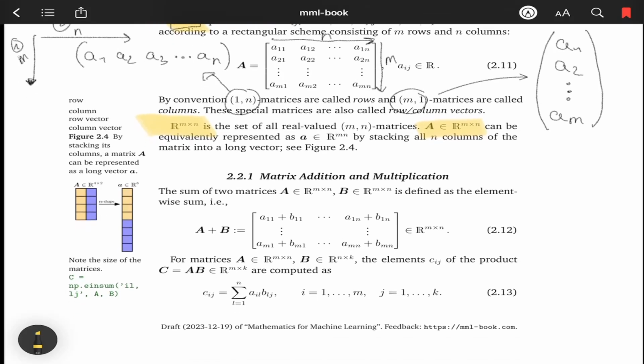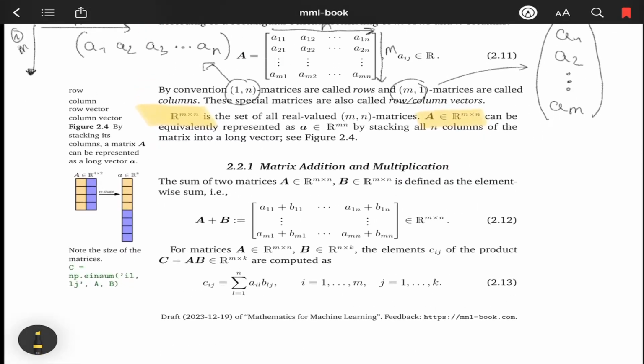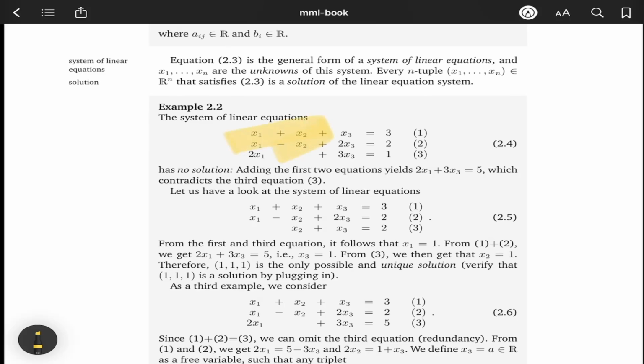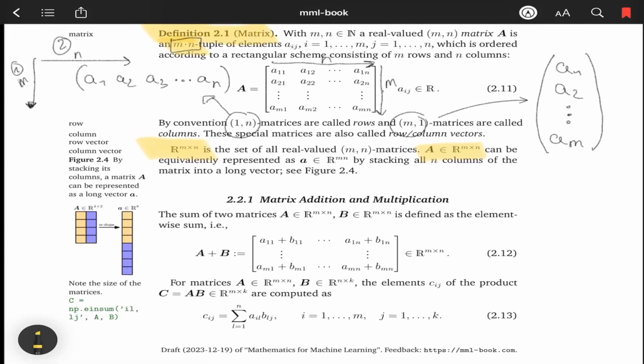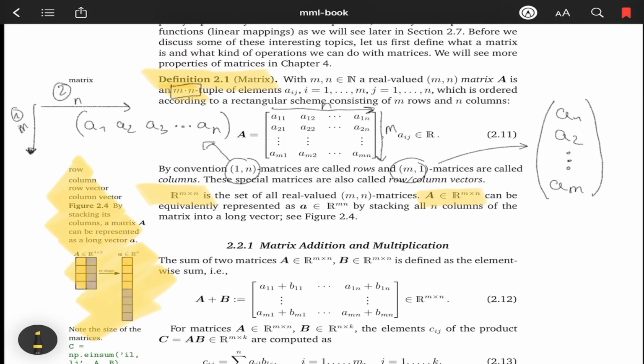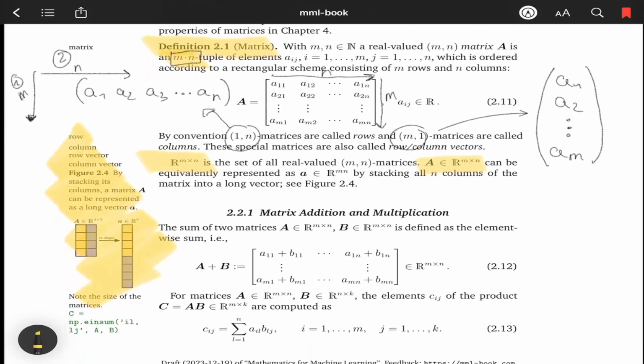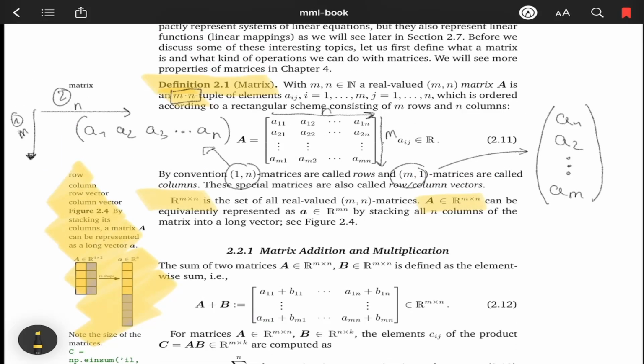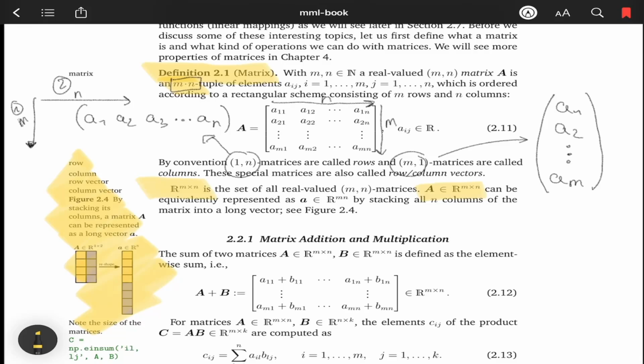See figure 2.4. Here on the left side, this is figure 2.4. And what are they saying? They say by stacking its columns, a matrix A can be represented as a long vector.